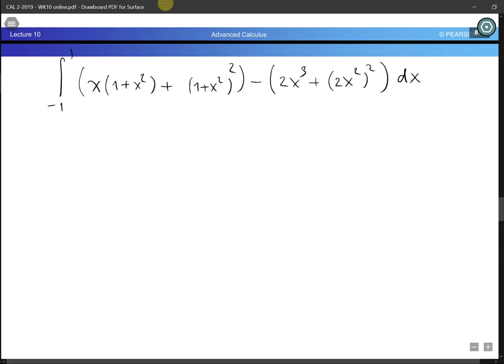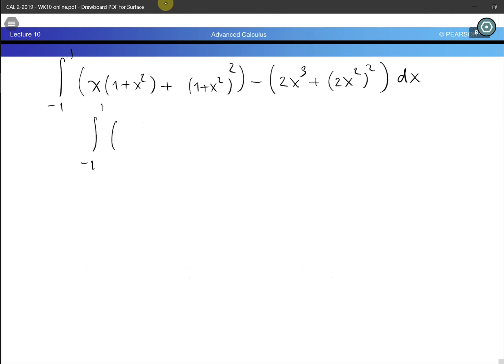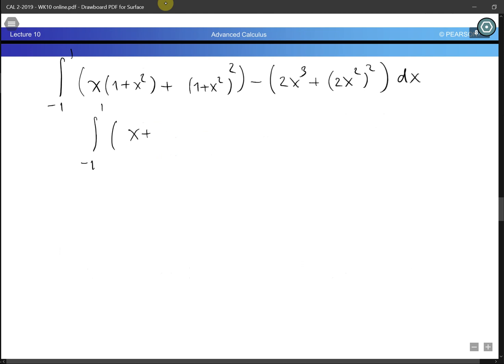So we have this integration from minus 1 to 1, and we have x plus x cubed plus 1 plus 2x squared plus x to the fourth minus 2x cubed minus 4x to the fourth dx.